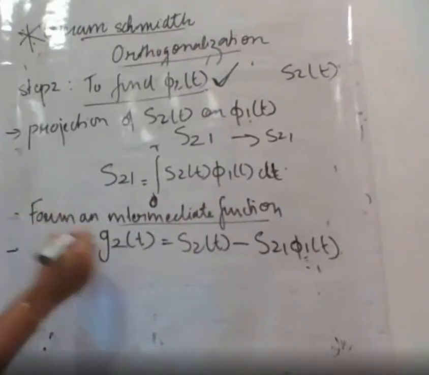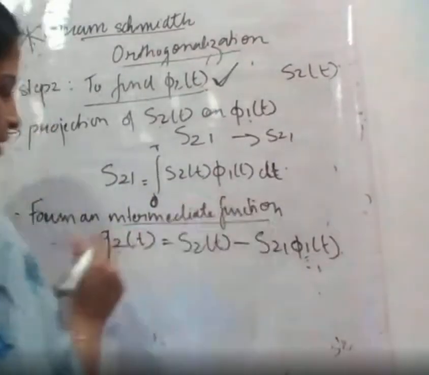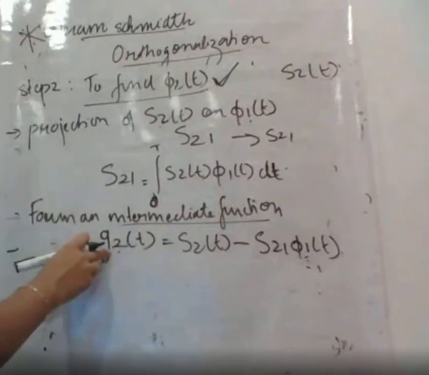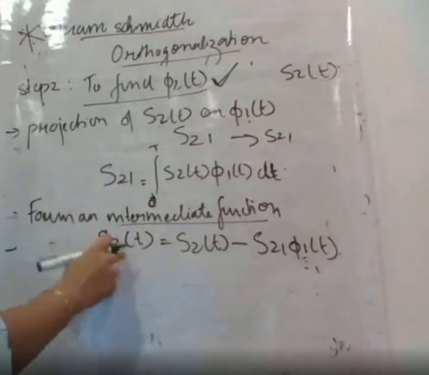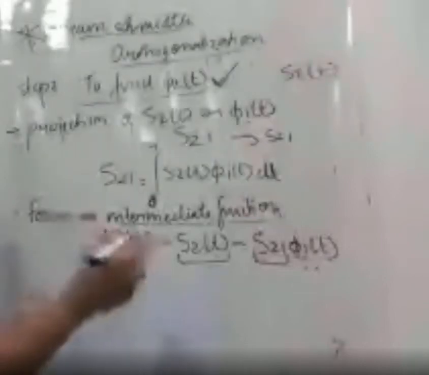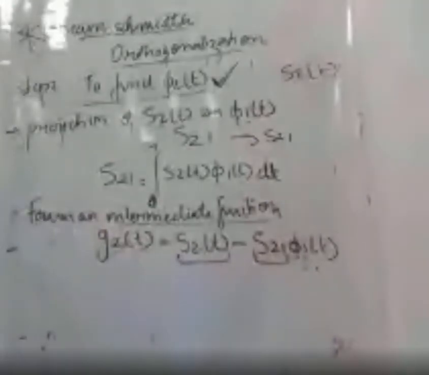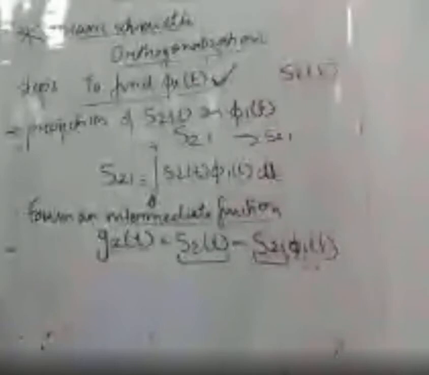So this is the equation for G2 of t, the intermediate function: S2 of t minus this projection into phi1 of t. Clear ആവുന്നുണ്ടോ?